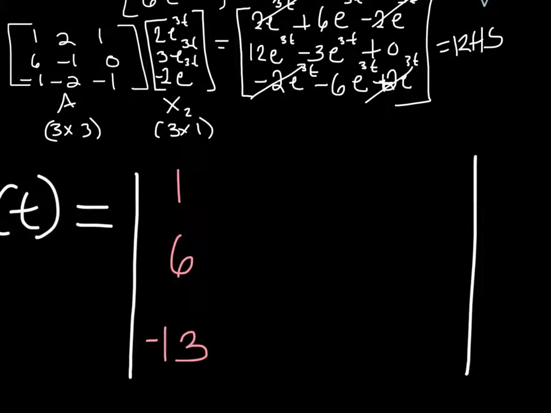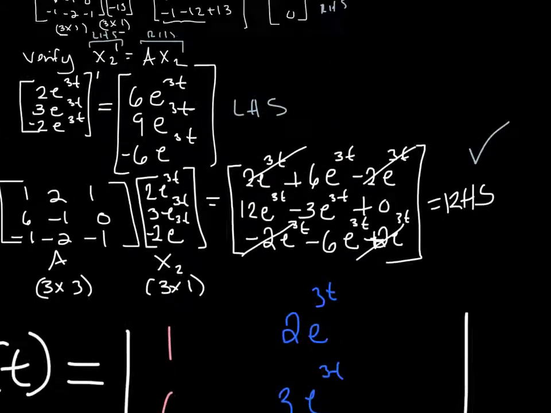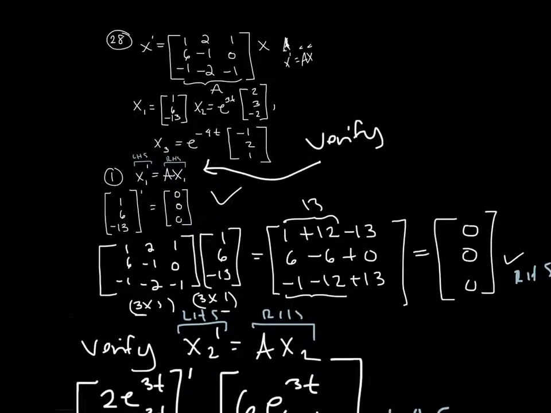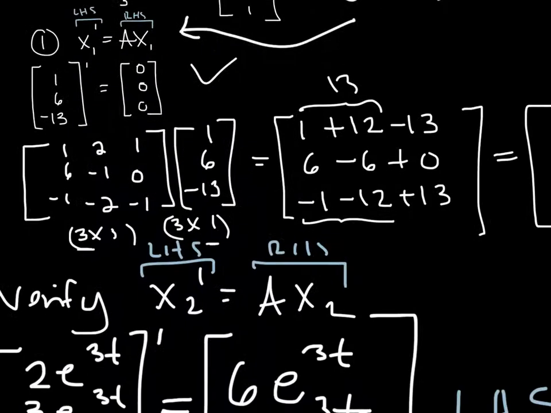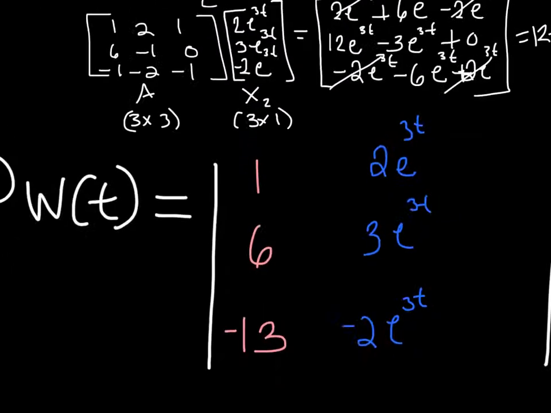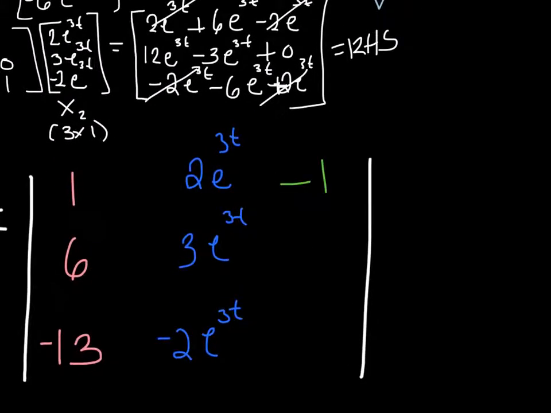So 2, 3, negative 2, but they all have an e to the 3t, because we're multiplying that in. And then finally, our x3 is e to the negative 4t, and we have negative 1, 2, 1, each with an e to the negative 4t, and technically we can erase that 1.